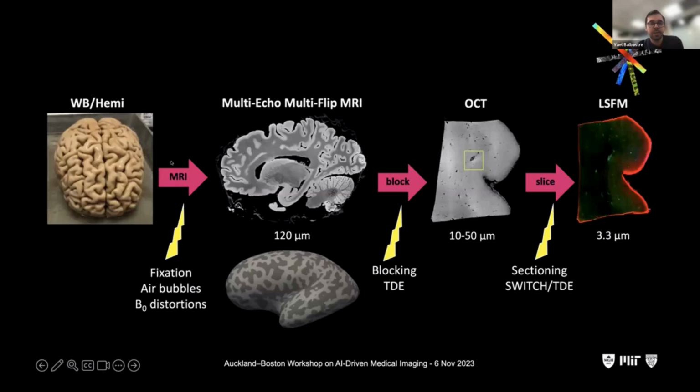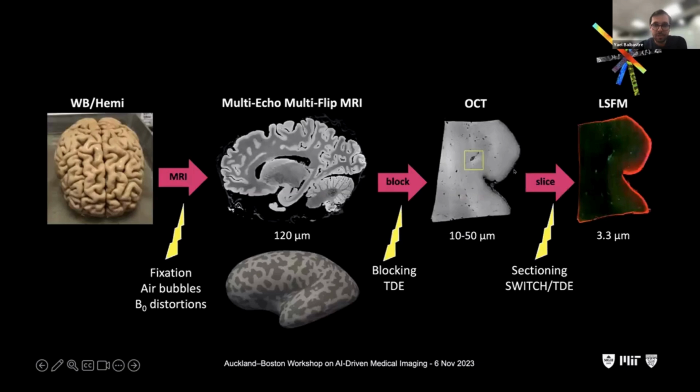So usually we do these whole hemisphere MRI with quite high resolution, and then we block out, so we cut a piece of tissue on which we acquire different types of microscopy. So one is OCT, which is quite known for imaging a retina, but we actually use it on pieces of brain, and then light sheet fluorescence microscopy. But the issue is that at each of these steps, there are a bunch of deformations that arise. And so if we want to put everything back into the same space, we need to correct for these deformations.